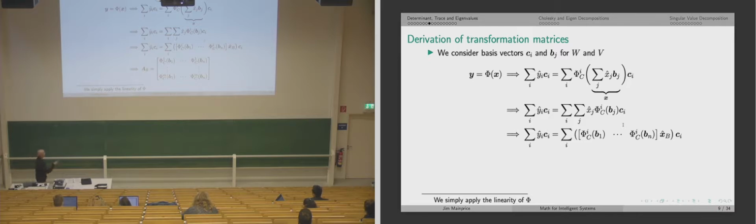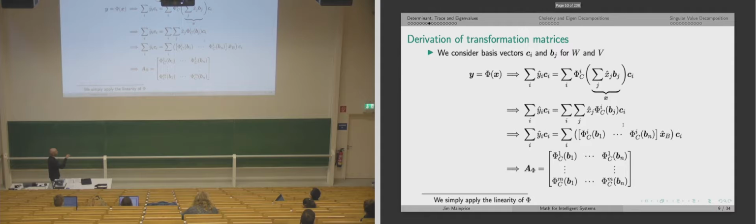And now we can do the same thing for the outer summation. Instead of having a sum of these dot products, we have a matrix form. We put them all into rows, and then we multiply them by x here. Okay? And this is our transformation matrix.